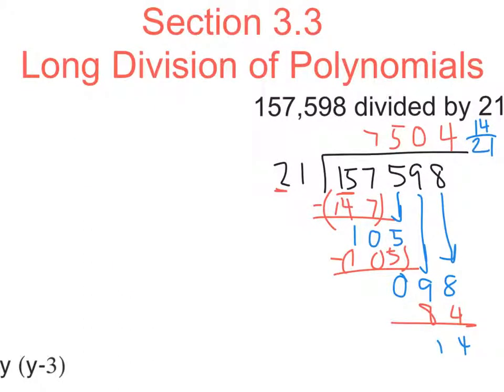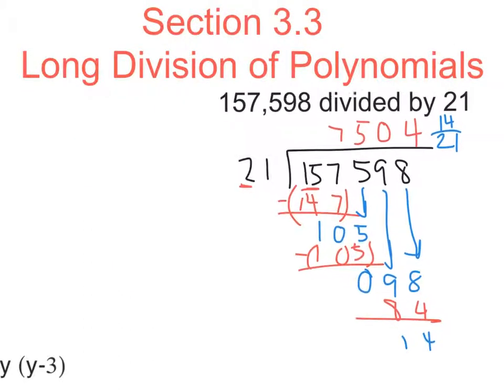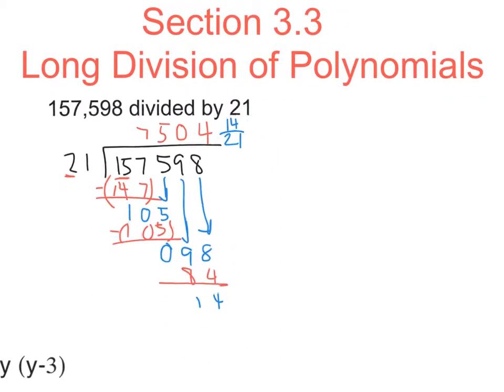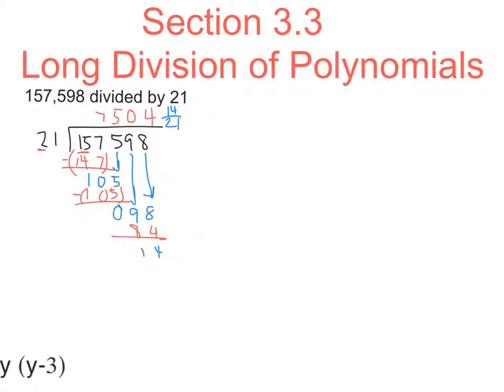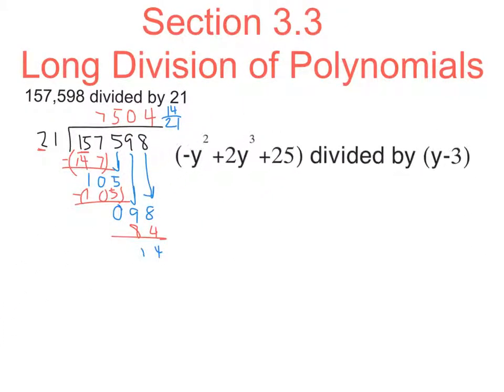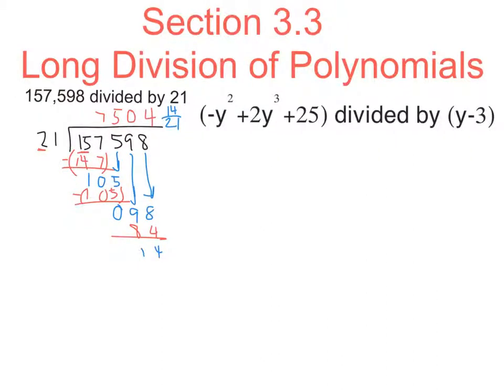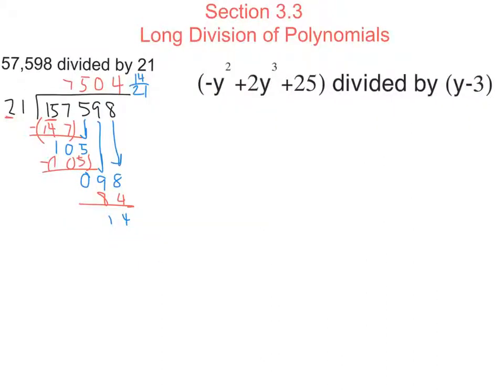Anyhow, what we're going to do now is compare this regular division problem with the division of polynomials problem right here. Okay? So everybody please copy that down. The first thing to recognize is that the cubic trinomial goes inside the box. The linear binomial goes outside the box. So the y minus 3 goes outside of the division box.